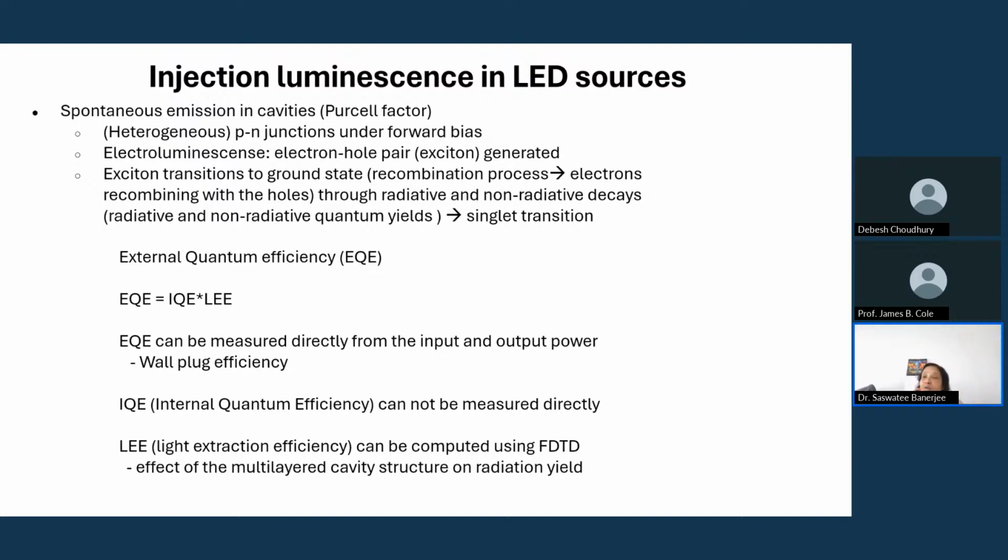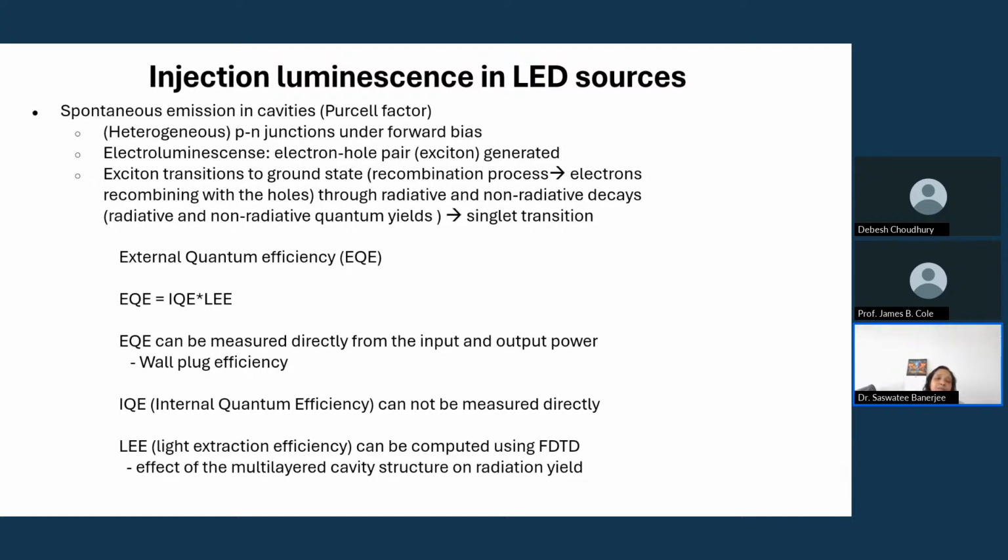This is called the recombination process. That is, the hole and the electron are recombining through a radiative decay, and of course there is a non-radiative decay basically. That radiative decay part will give rise to the singlet transition, and then you are going to see the radiation, basically the light that is coming out.